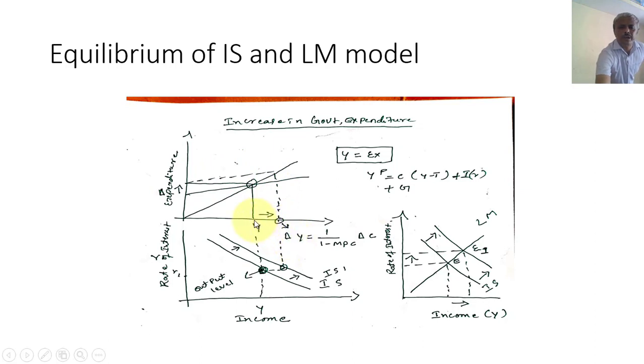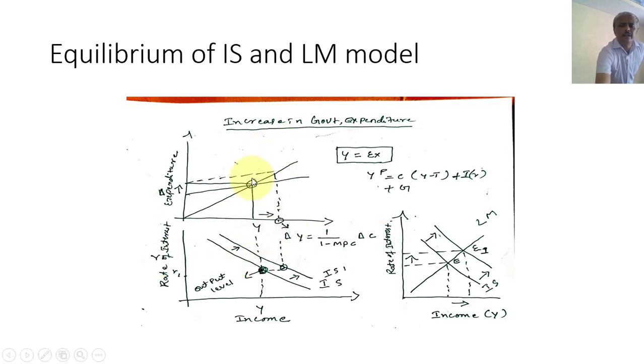Change in income means change in Y on this side, that is the multiplier, 1 over 1 minus MPC, times delta C. So that shows the change with the multiplier effect.